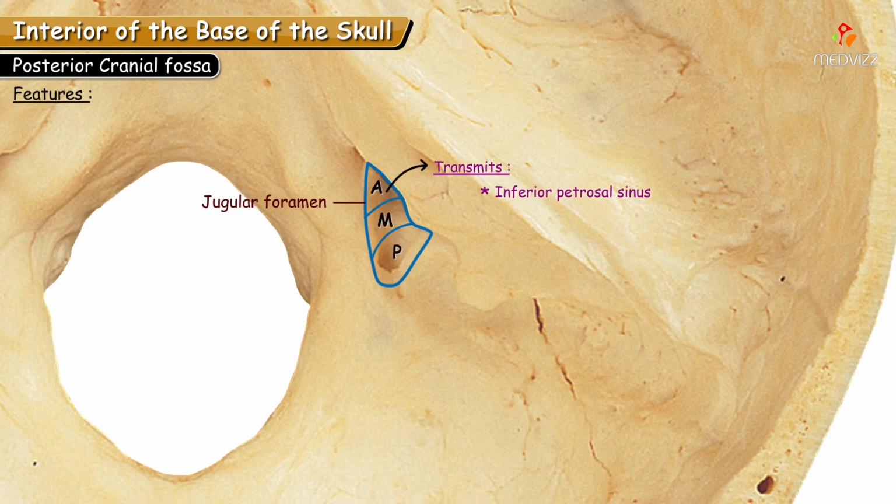We just now heard of the inferior petrosal sinus, which runs along the inferior border of the petrous part of the temporal bone in the petrooccipital fissure. So the same inferior petrosal sinus and the meningeal branch of the ascending pharyngeal artery. So these are the structures passing through the anterior part.